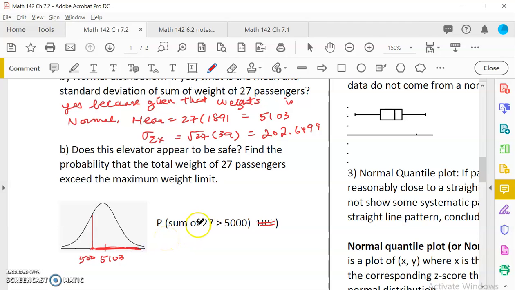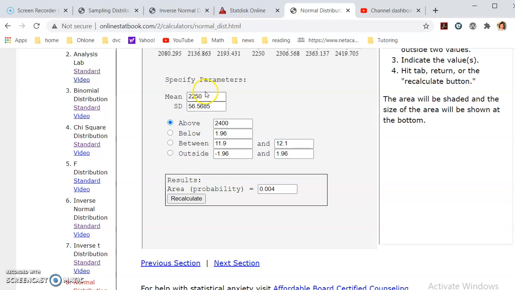We would put it in the calculator. The mean is 189 times 27, which is 5103. The standard deviation is 202.6499. And we want it to be above 5,000. It's more than a half, right?